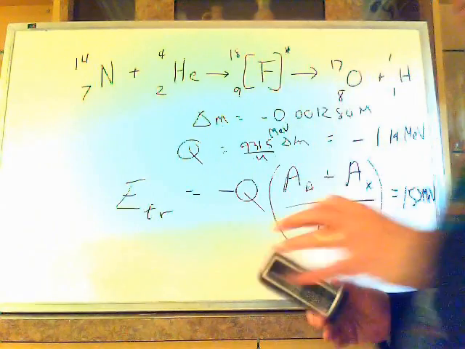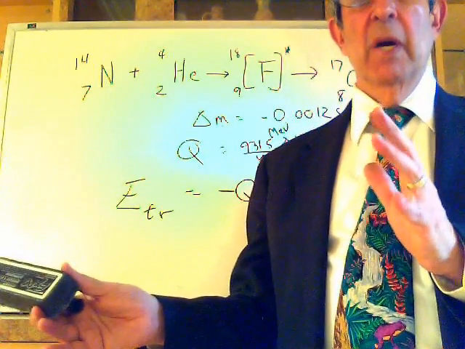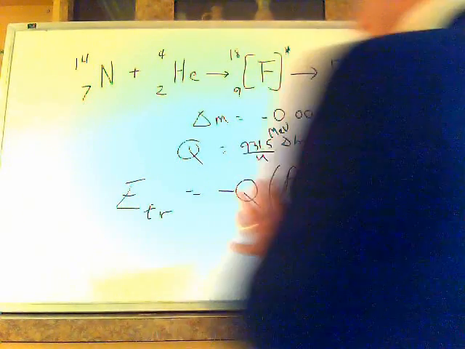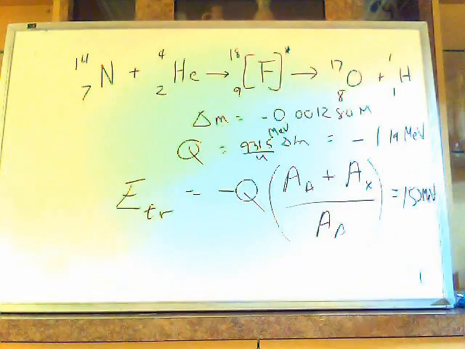So there's this Coulombic repulsion that we have to overcome, which is called the Coulomb barrier. And we have to have enough energy to be able to overcome that Coulomb barrier. So we actually have to modify this a little bit. We've got another equation that we're going to use to take into consideration this Coulombic barrier. And we call this the effective Coulomb barrier.